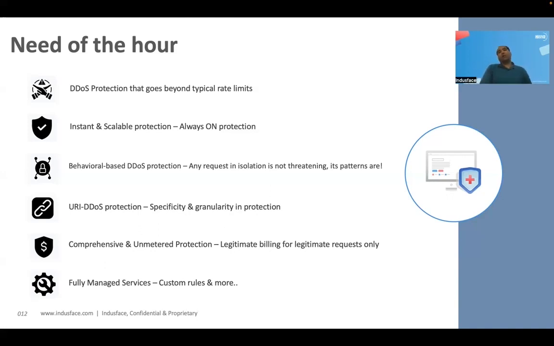Then the next part is about how you analyze, right? As I talked about in the last slide, you cannot just rely on generic rate limits. You need to be able to understand the behavior of the requests coming in, and based on that behavior, determine whether a DDoS is happening and then block it, right?